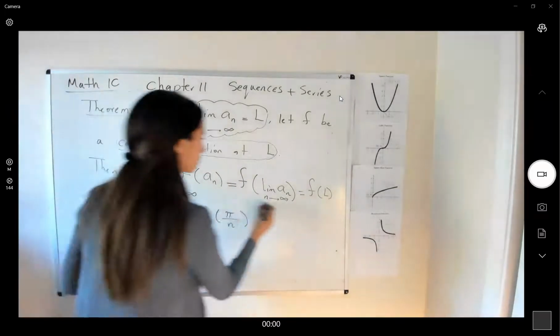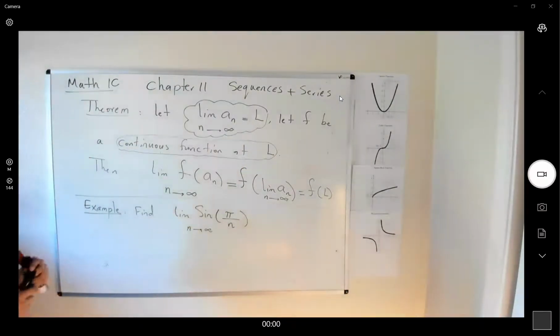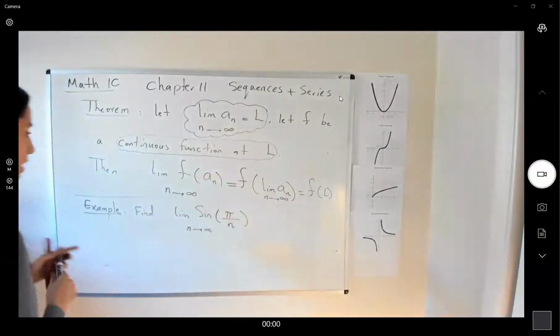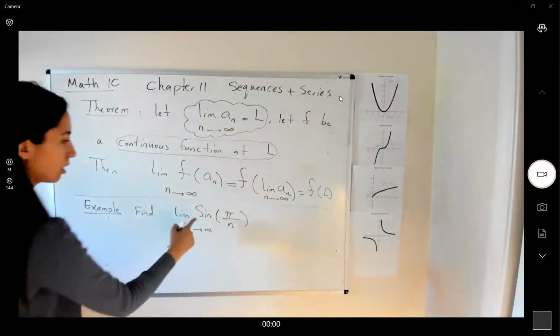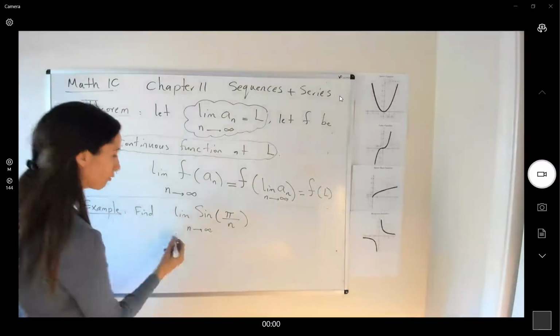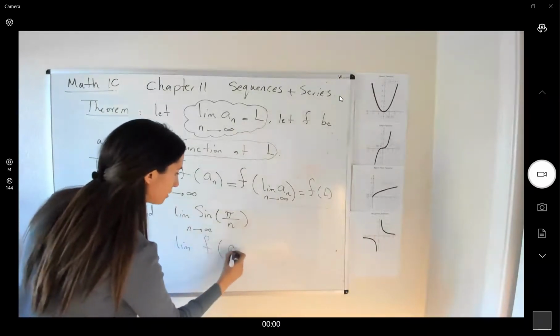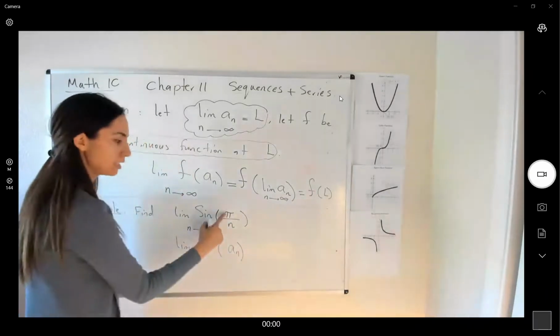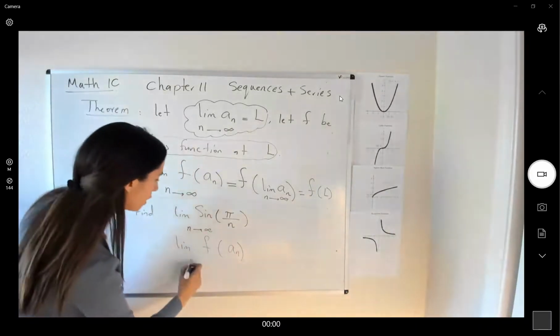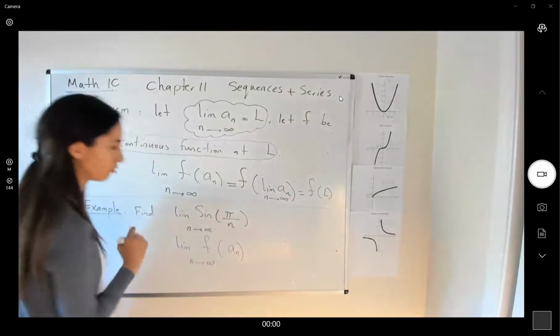We're going to apply the powerful formula that we learned here. Here you have a function f. So you are finding the limit of function f at the sequence a sub n while n goes to infinity.